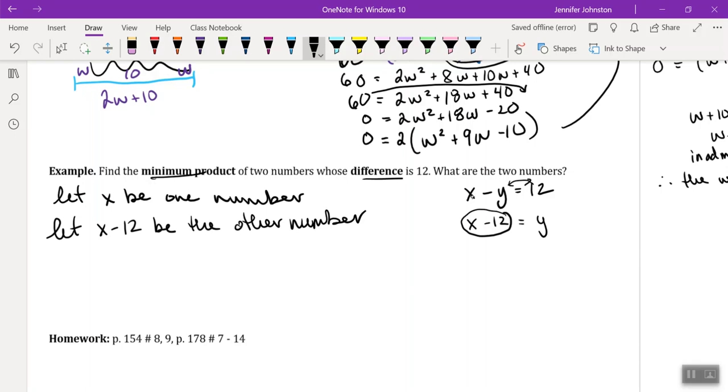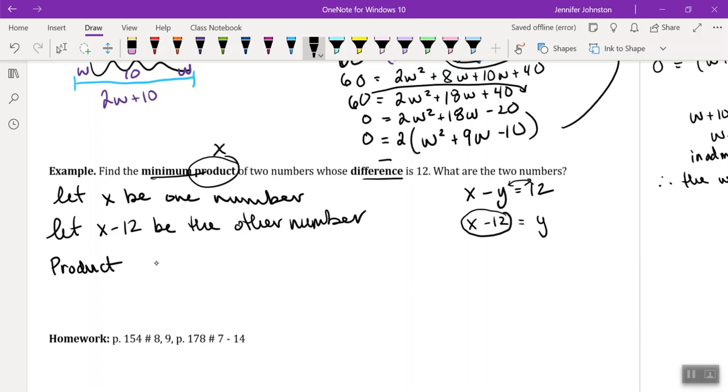Difference means subtract, and we're told that we have a product, so that means to multiply. So x is one number, x minus 12 is the other number, and let's find their product.